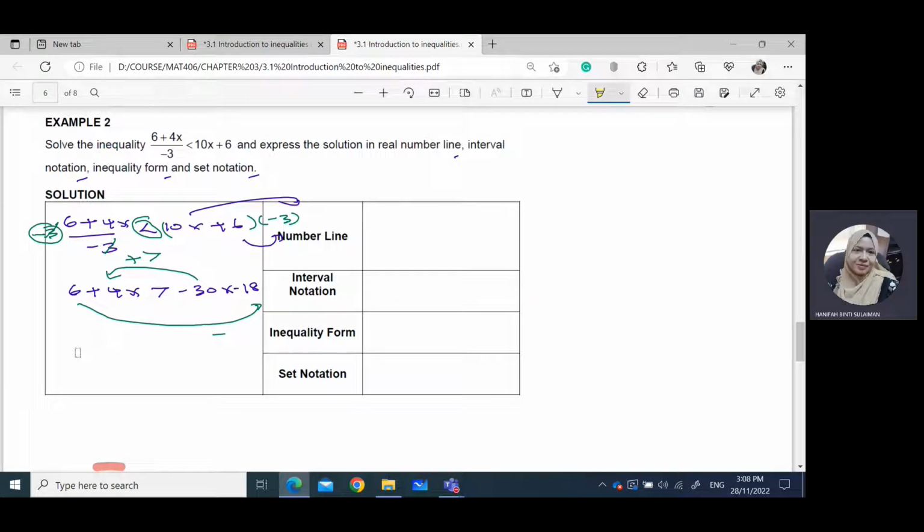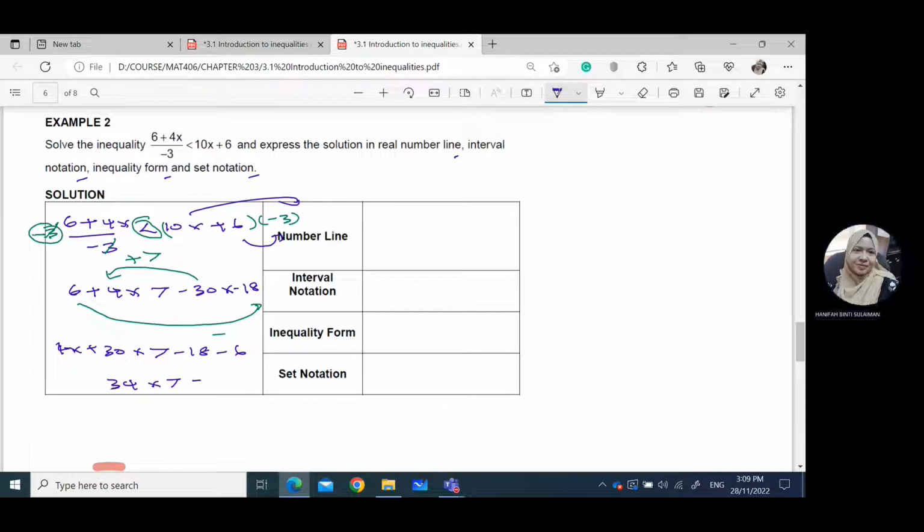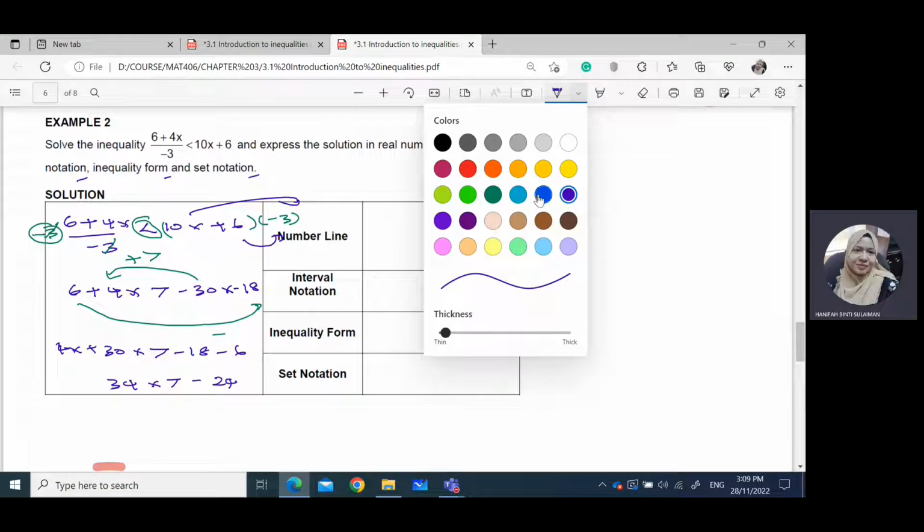So yang ini kita dapat for x, we have 4x plus 30x greater than negative 18 minus 6. Okay, so in the left hand side, we have 34x greater than negative 24. Okay, negative 24. Then solve for x by divided all the terms by 34.